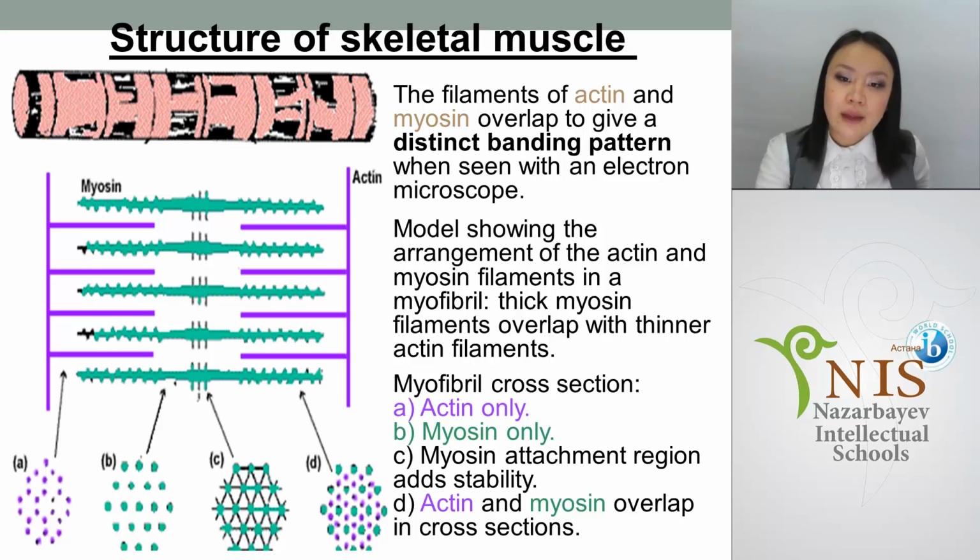The filaments of actin and myosin overlap to give a distinct banding pattern when seen with an electron microscope. Models showing the arrangement of the actin and myosin filaments in a myofibril. Thick myosin filaments overlap with thinner actin filaments. And here it represents different types of them.